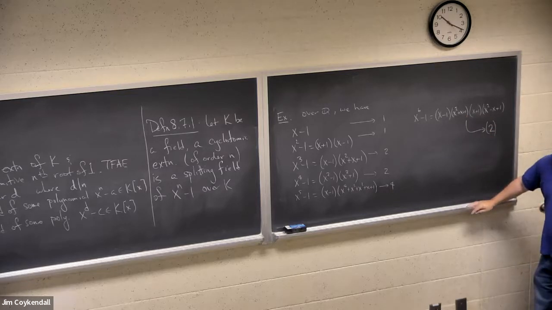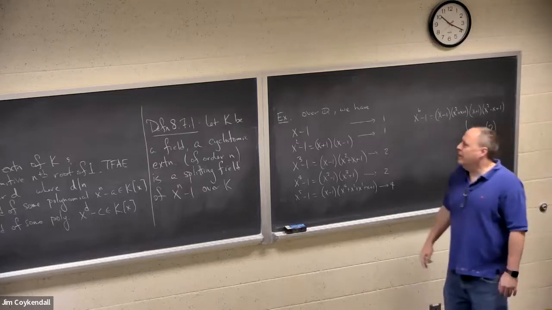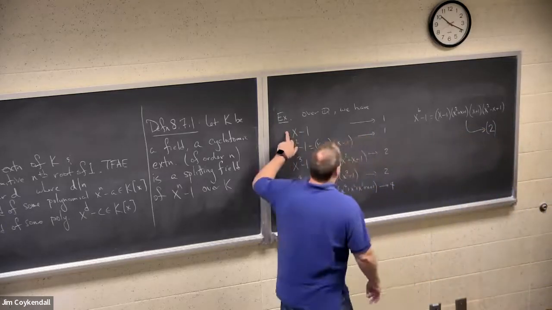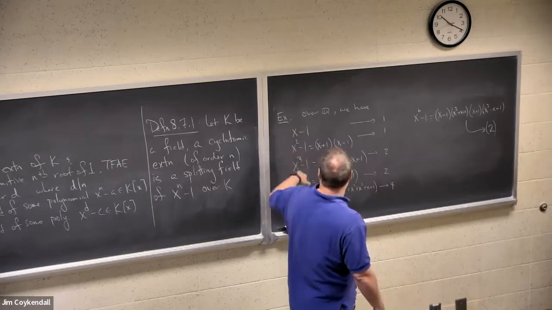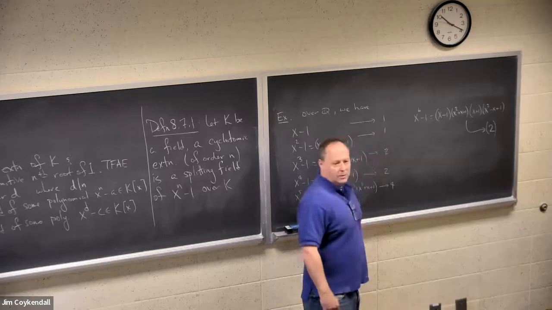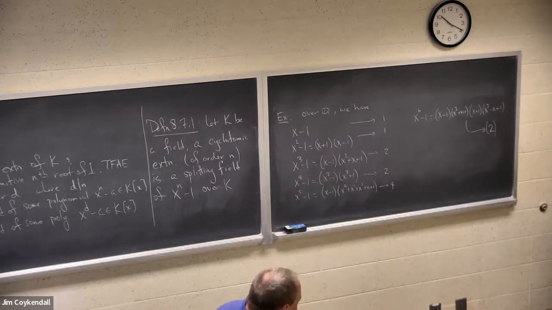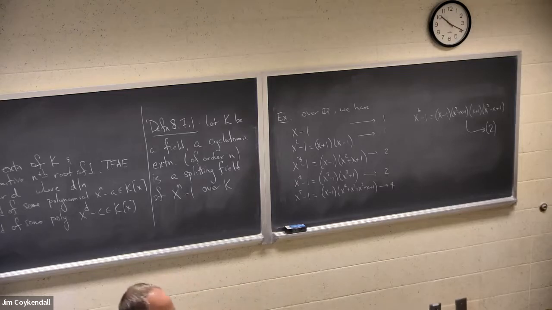Anybody see a pattern in the numbers we're getting for the degree? So here we go from degree 1 to 1, degree 2, 1, degree 3, 2, 4, 2, 5, 4, 6, 2. Anybody want to consult the online encyclopedia of integer sequences? Want to guess that one?